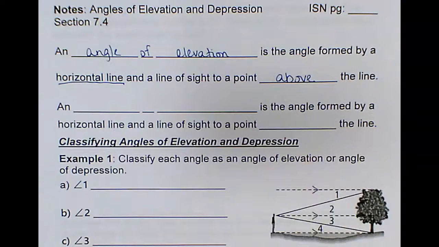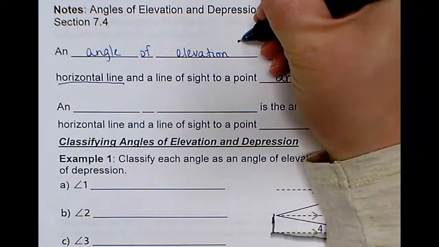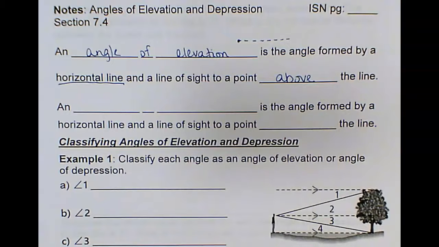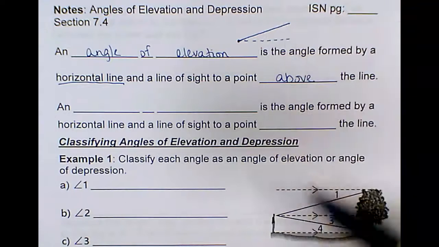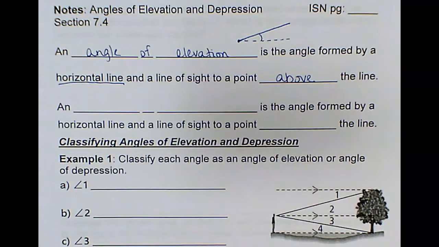So if I have somebody looking straight out horizontally, then the angle of elevation is created with that horizontal line and a line of sight to something above that line. So this is an angle of elevation. It's created by that horizontal line and a line of sight to a point above the line.